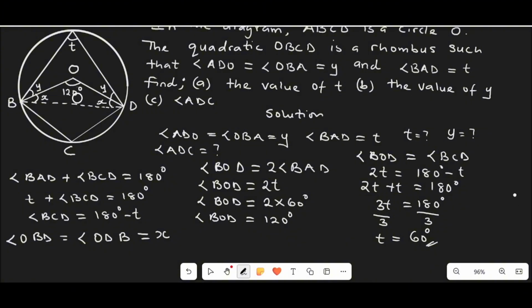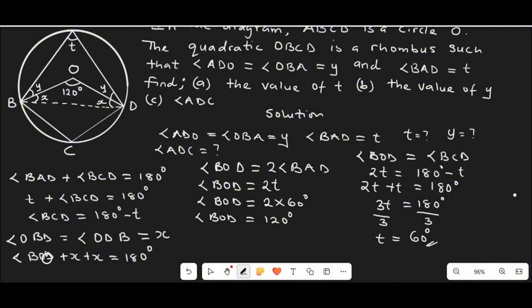The algebraic sum of interior angles in a triangle is equal to 180 degrees. That means we can say angle BOD plus x plus x equals 180 degrees.